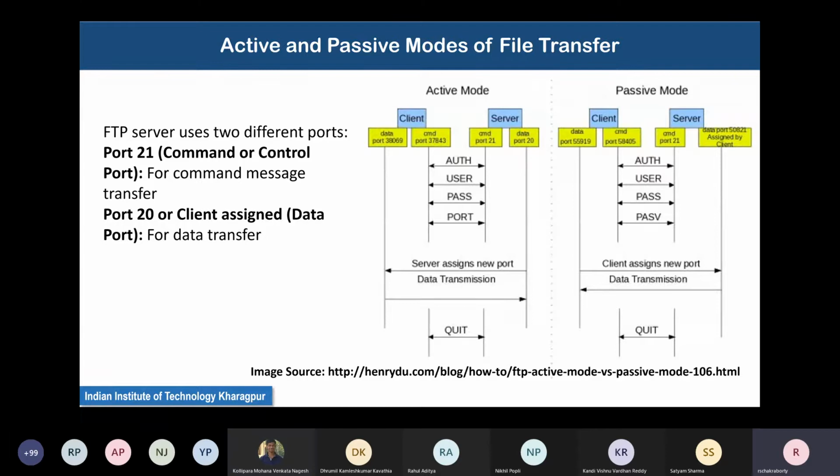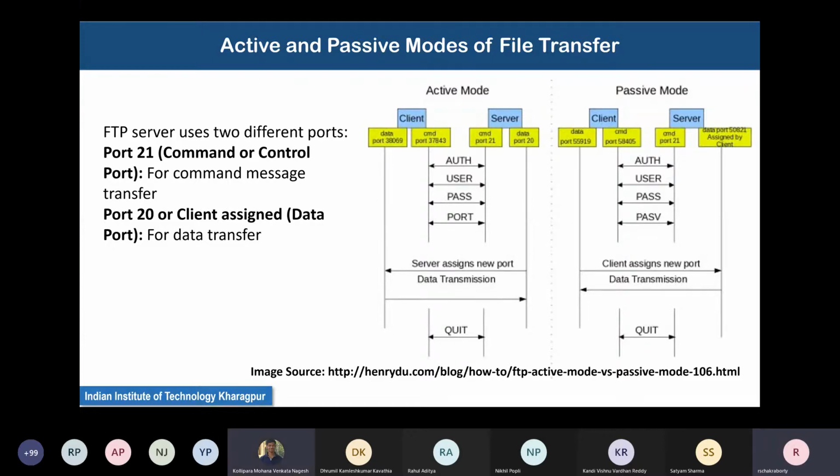That is not the case. For the data transfer, the server uses either port 20, which is most common, or a client assigned port. What is a client assigned port? We will come to it in the passive mode. Okay, for now, consider port 21 for command and port 20 for data on the server side.